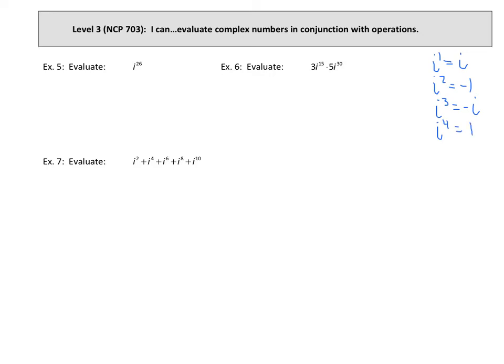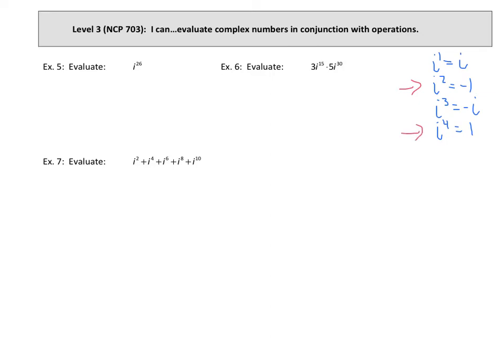And then for other exponents, we're going to try and relate them to these 4 because those 4 just keep repeating. So if I look at i to the 26th, first I ask myself, is it even or odd? It's even. So it's either going to be the same as i to the second or i to the fourth.